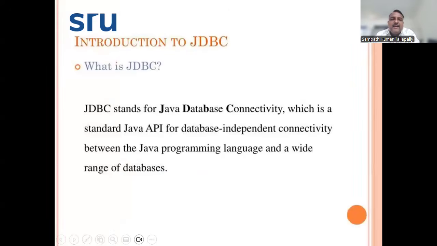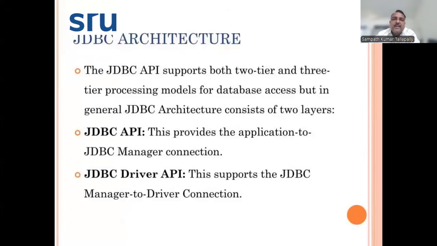As I said, it stands for Java Database Connectivity, which is a standard API for database-independent connectivity between the Java programming language and other databases which exist in this world. The speciality of JDBC is that it supports two-tier as well as three-tier processing models.